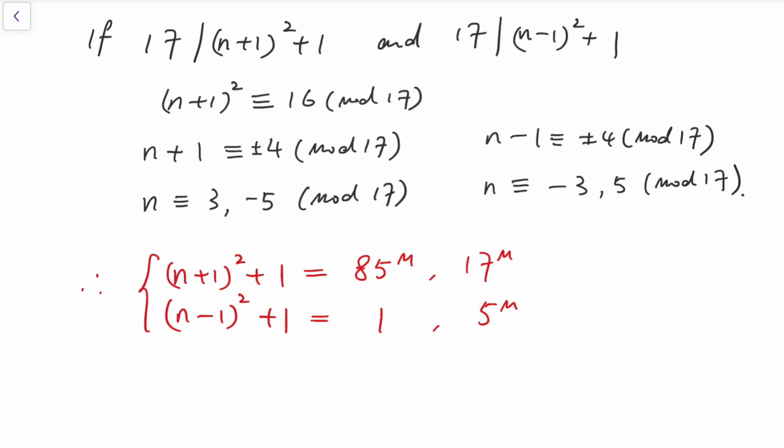Or one of the expressions takes all the factors of 17, and the other expression takes all the factors of 5. And because n plus 1 all squared plus 1 is clearly larger than n minus 1 all squared plus 1, these are the only possibilities.